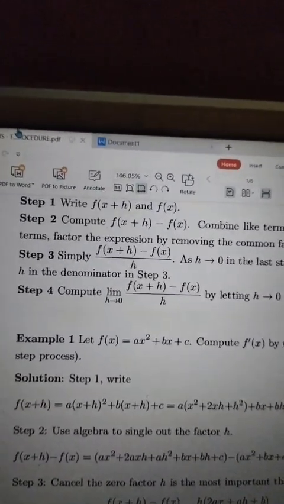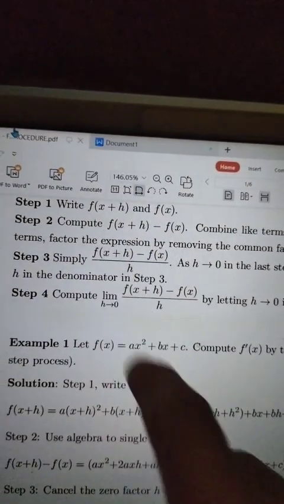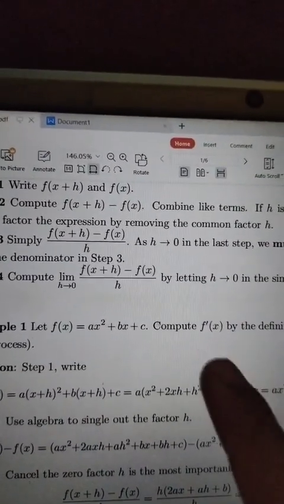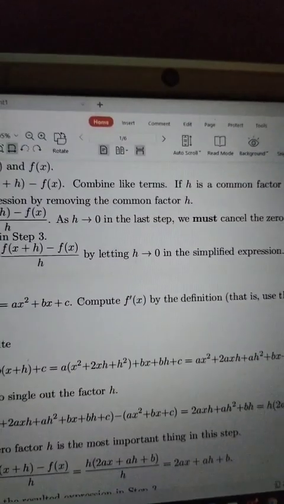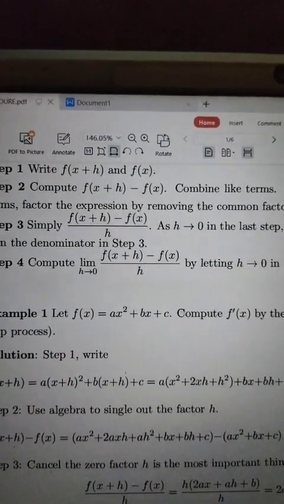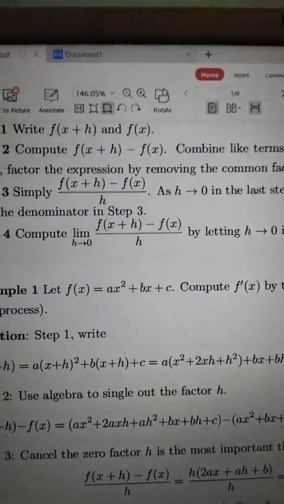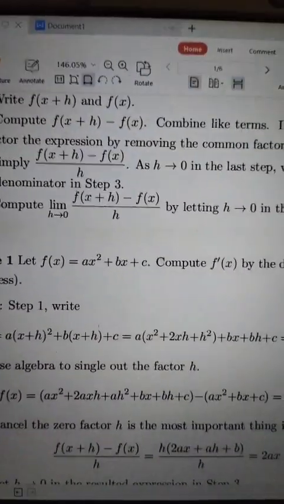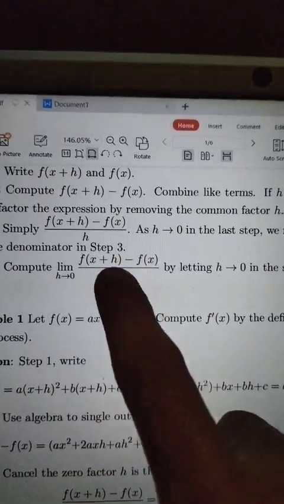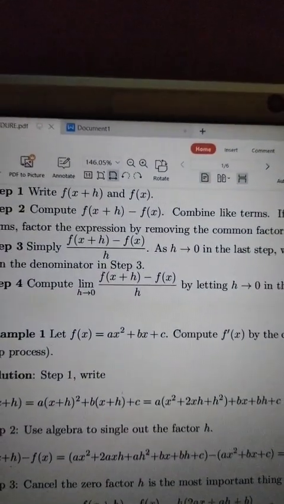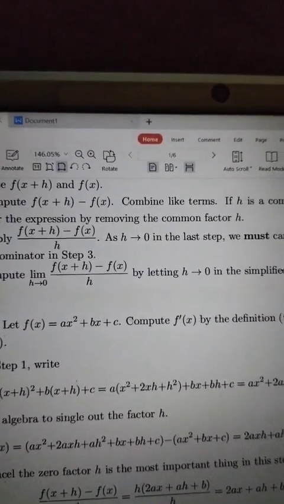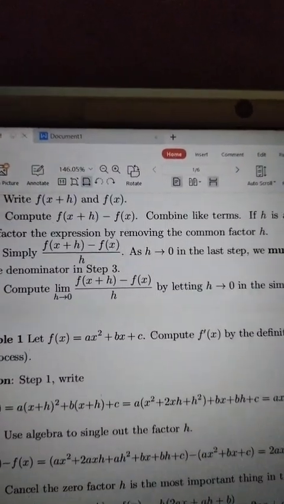Then step 3, simplify [f(x + h) minus f(x)] over h as h is not 0. In the last step, we must cancel the nonzero factor h in the denominator from step 3. So, step 4, compute the limit of [f(x + h) minus f(x)] over h by letting h go to 0 in the simplified expression.